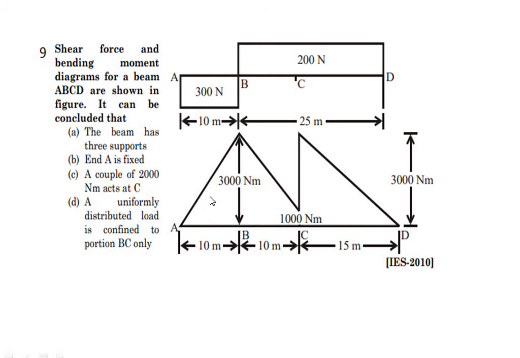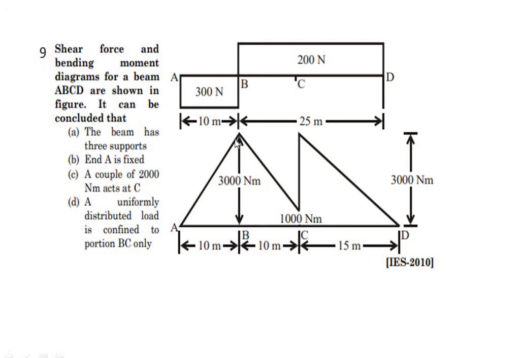If you have a reaction here, then up to the next point it should be a linear variation. You have the linear variation here, right? And then you don't have any change here, so there is no loading.